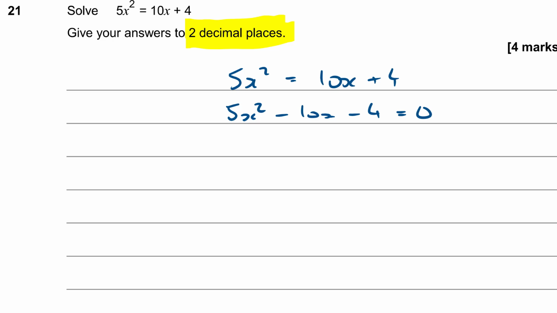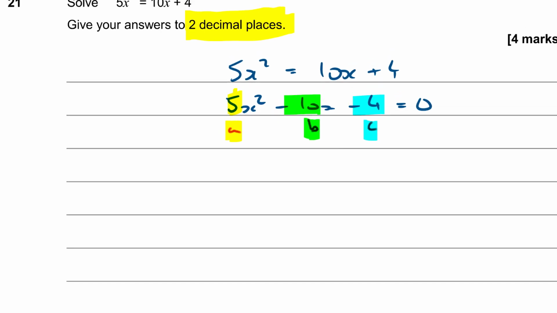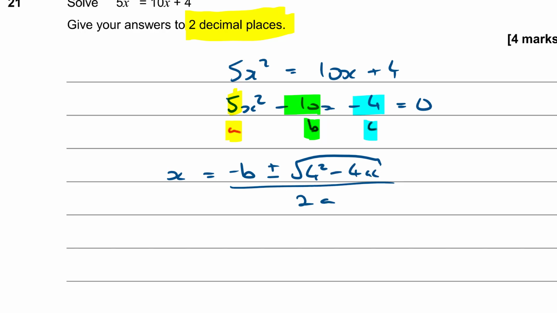So then this is my value of A, this is my value of B, and this is my value of C. So A is 5, B is minus 10, and C is minus 4. Okay, so what is x then when I use the formula? x equals minus b plus or minus the square root of b squared minus 4ac all over 2a.